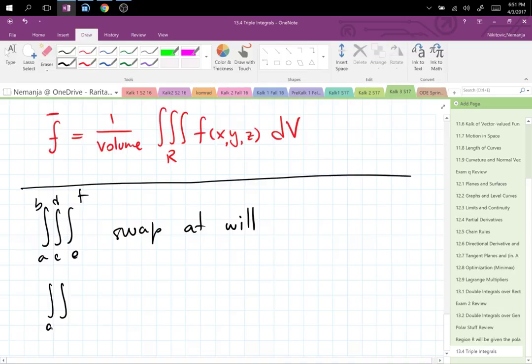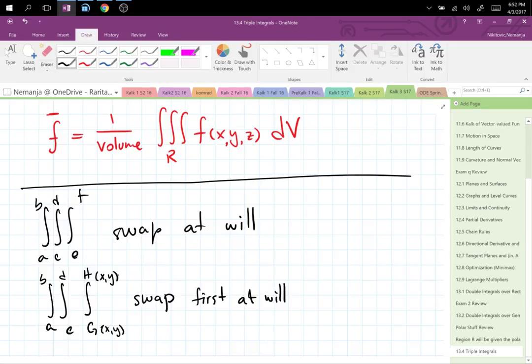Now, if you have A, B, C, D, and on the outer you have G and H, swap the first two at will. But if you want to swap the one that has functions in it, you better be prepared to do a lot of work to first get how the object looks from what's given, and then when you change the order of integration, see what the new shapes give you for new limits.